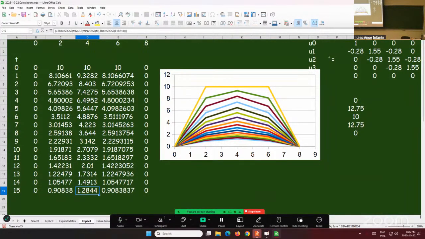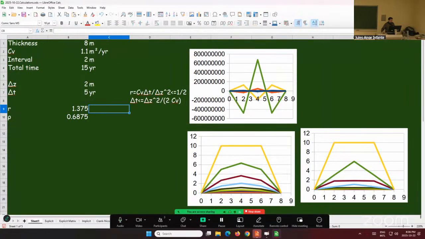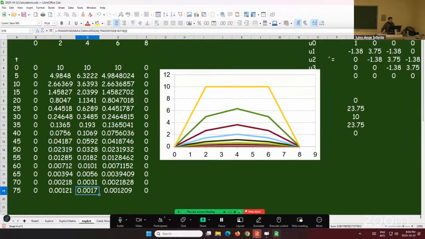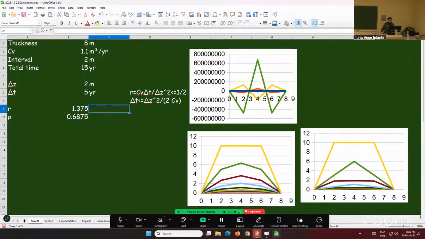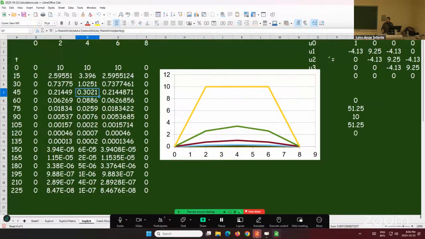Let's say 1.28 is what we get, if we had 5 at 15 years. See, we get now 2.03 at 15 years. Right, it starts to be much more different. If I say 15 years implicit, at 15 years 3.39, right? When we had 1.298.